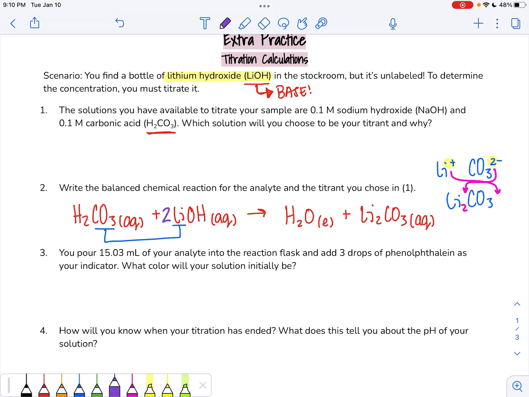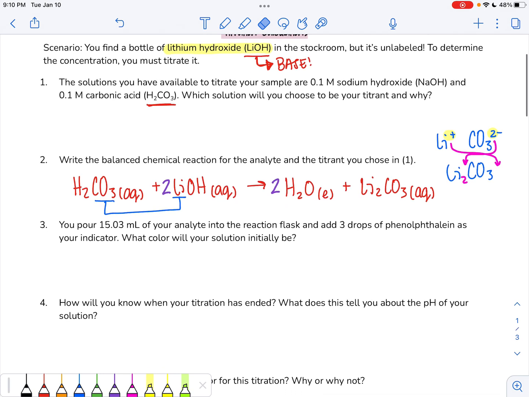On the right-hand side, I only have 2 in the water, which means I have to double this thing. Next, to check if your oxygens balance out, you have 2 oxygens from the lithium hydroxide, 2 oxygens from the water right there, looking good. So this is our balanced chemical reaction equation.